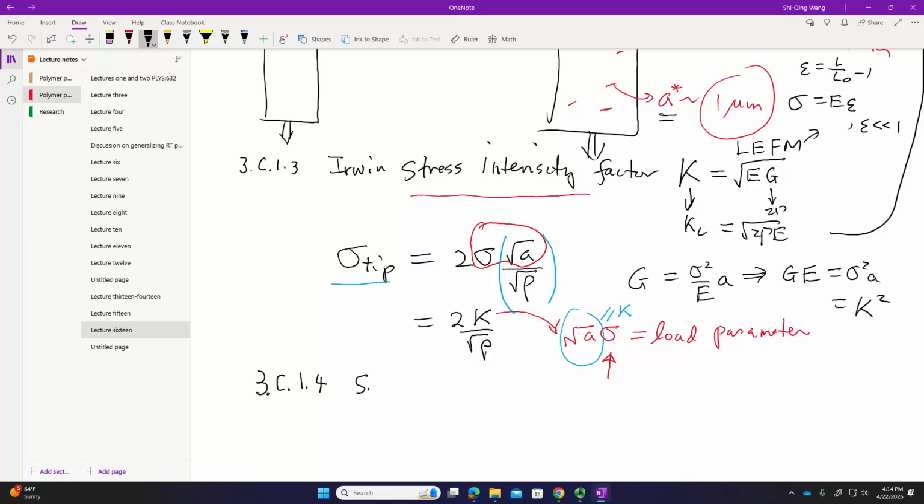This is all wonderful for silicon glasses: the material really just breaks when the energy release is about the surface fracture energy. Everything makes sense. And if that's the case, indeed my Kc is a material parameter, because look at it: it's Young's modulus and surface tension. So of course it's a material quantity.